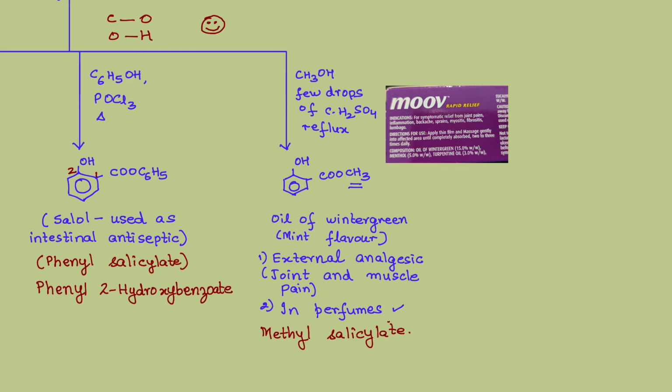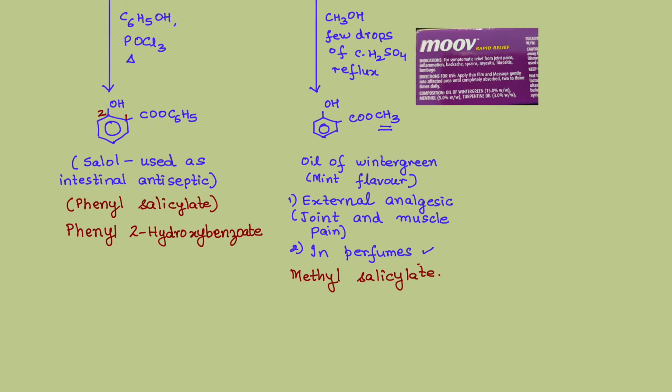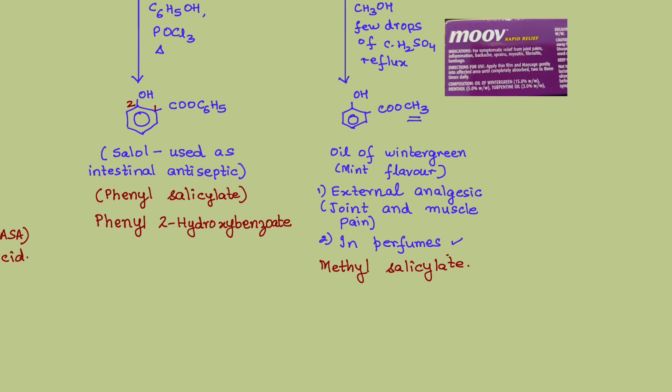So methyl salicylate. How are you going to name this compound? The previous one you named as phenyl 2-hydroxybenzoate. What is this going to be? Instead of phenyl, what group do you have here? Go ahead, write it.